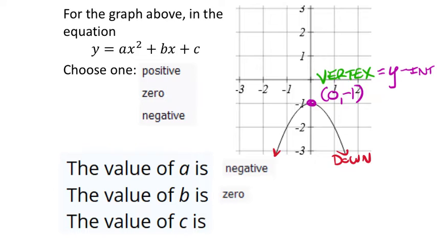Last thing I got to do right here is to figure out the value of the c. Is it positive, 0, or negative? If it were 0, then it would have to be right at the origin. But right here, I can see it's below the origin, meaning that the y-intercept is showing a negative y value, which means that the c value is also negative.